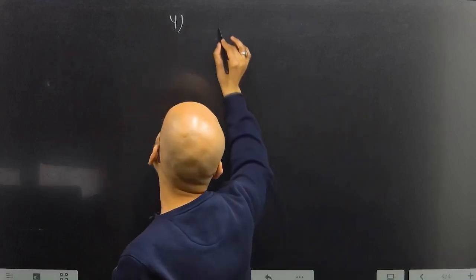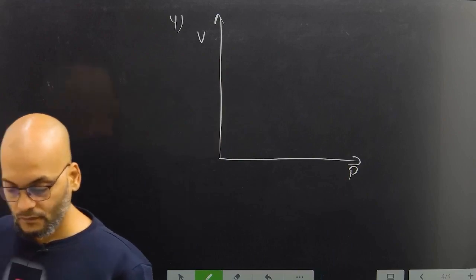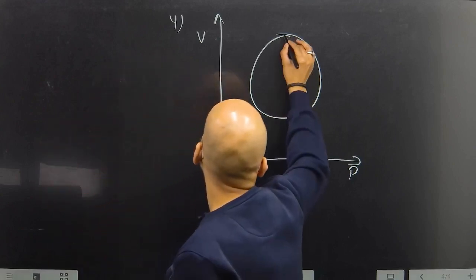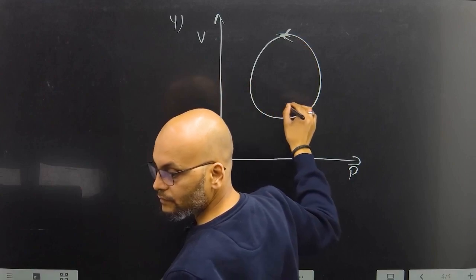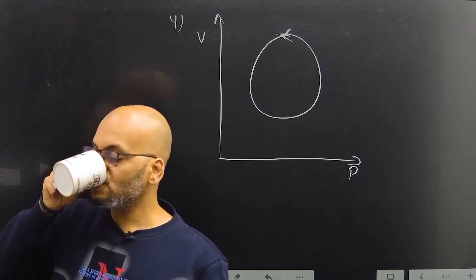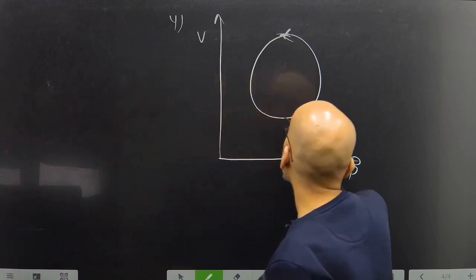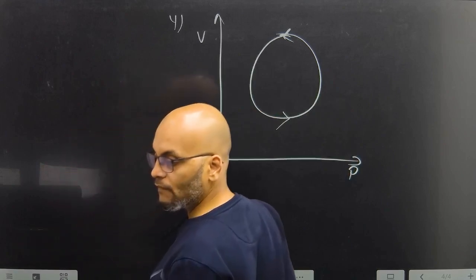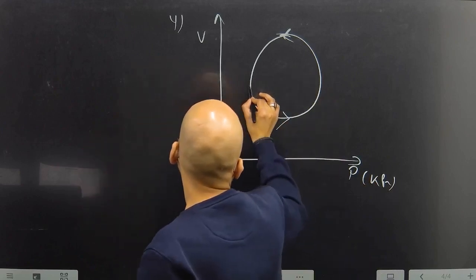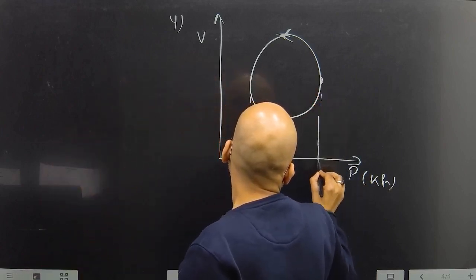They have given you a PV curve representing the system. Pressure is in kilopascals. This point is 10, this is 30.